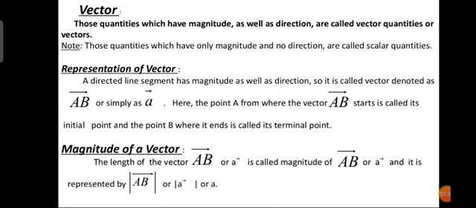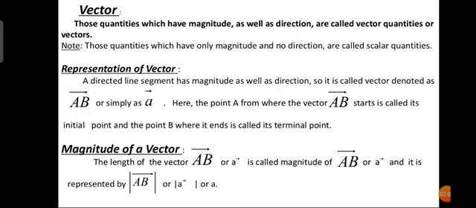A directed line segment has magnitude as well as direction. You know about a line segment. How will you denote it? We denote it by a line followed by an arrow.